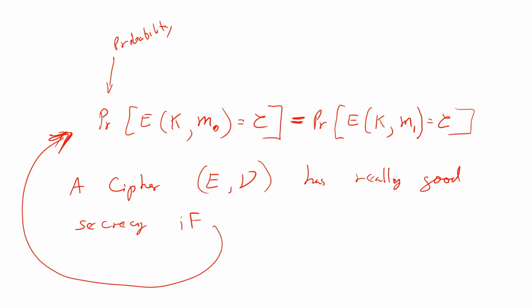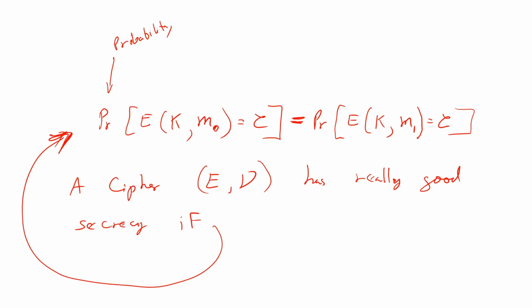So a cipher E, D has really good secrecy if the probability for the encryption of one message is equivalent to the probability of a different message. You are on the right track. It's just the way you said it. I think you get the idea. There's a slightly better way of saying it.